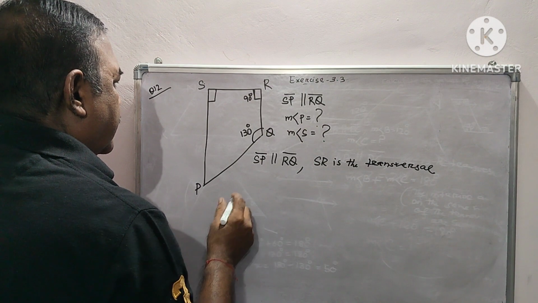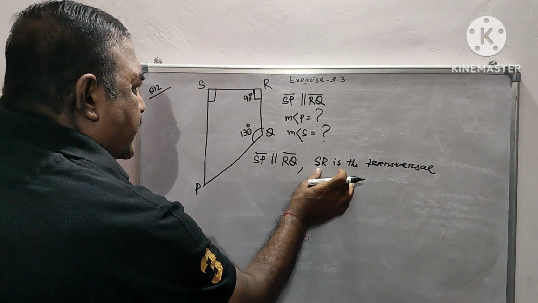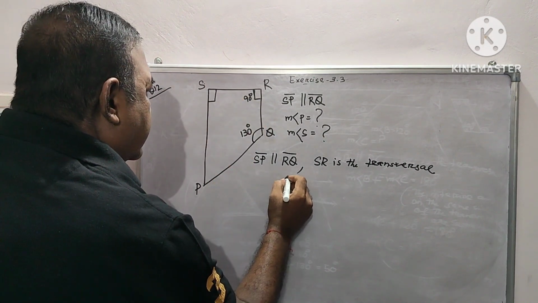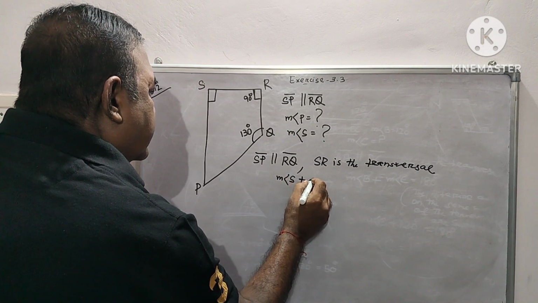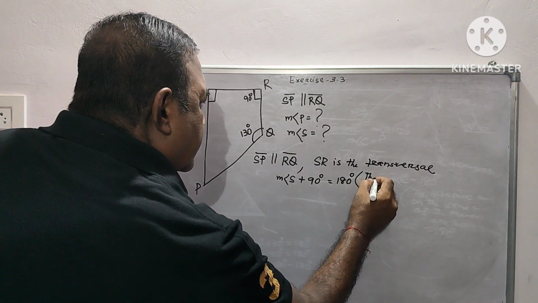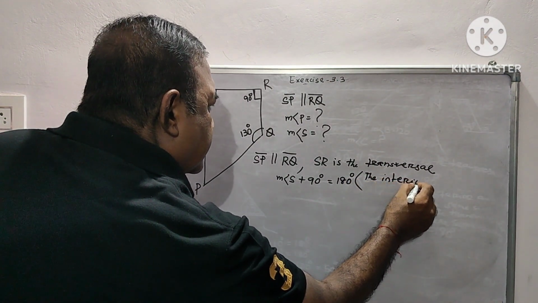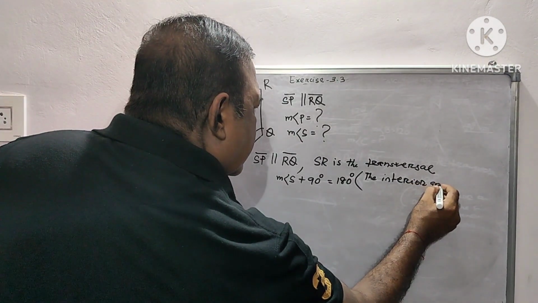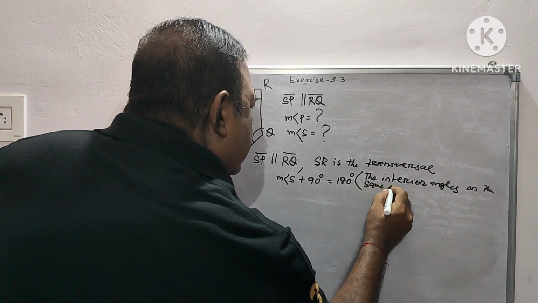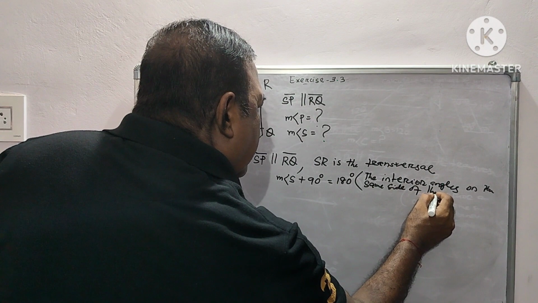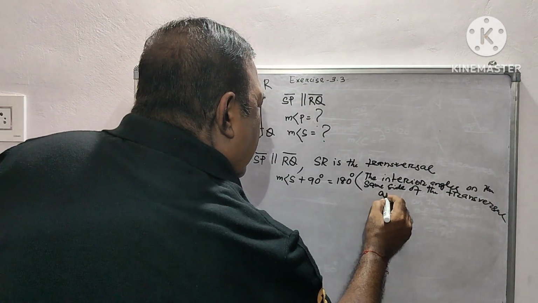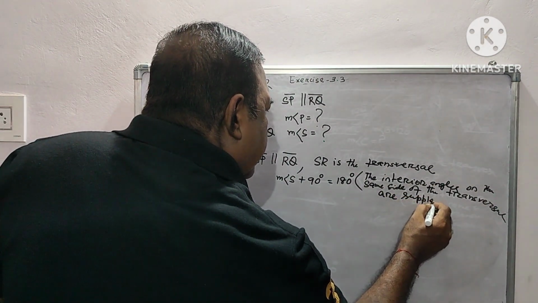So, as these two line segments are parallel and SR is the transversal, the interior angles are supplementary. So, measure of angle S plus 90 degree will be equal to 180 degree, because the interior angles on the same side of the transversal are supplementary.